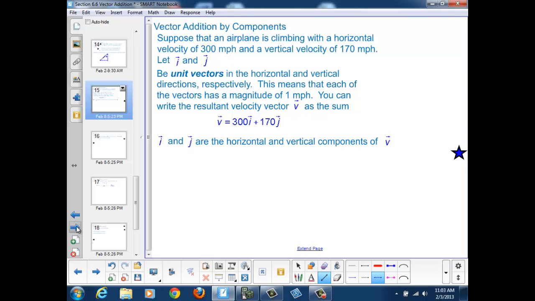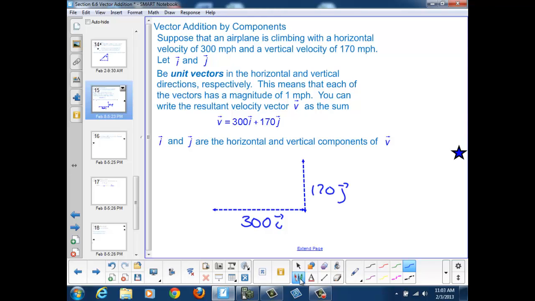So we start by drawing our 300 units horizontally and 170 units vertically. So here's my 300 i and my 170 j. Notice how they're connected head to tail.